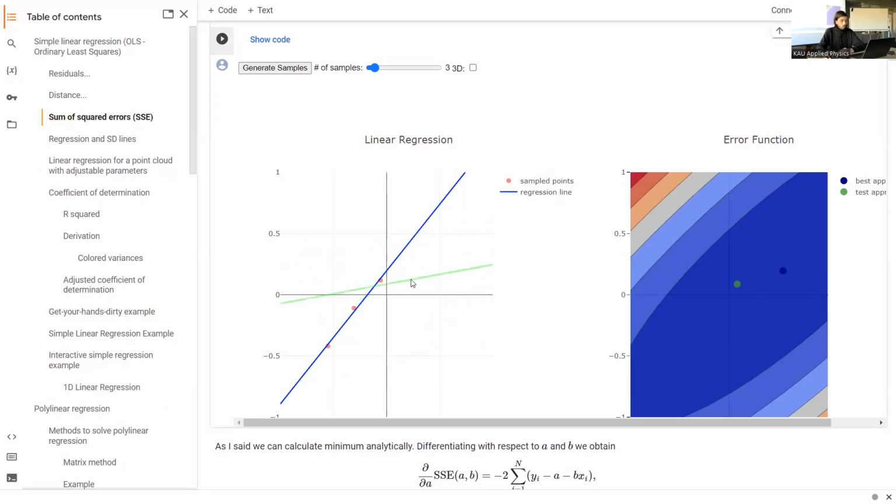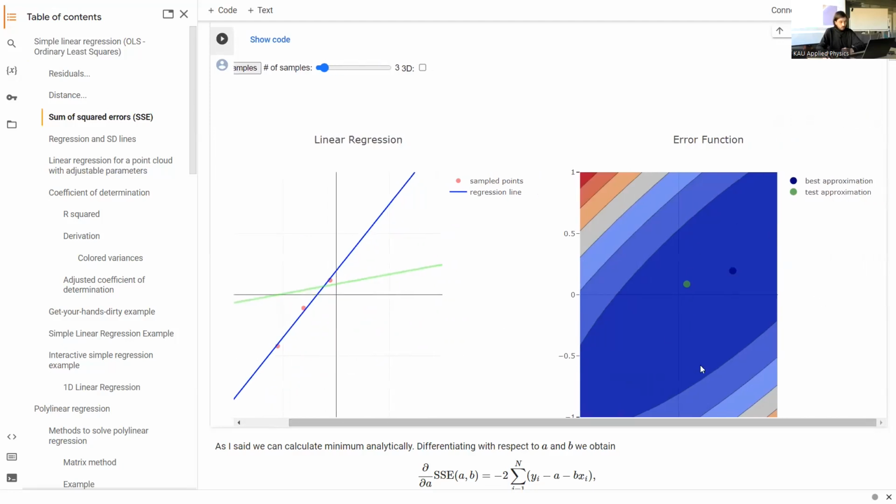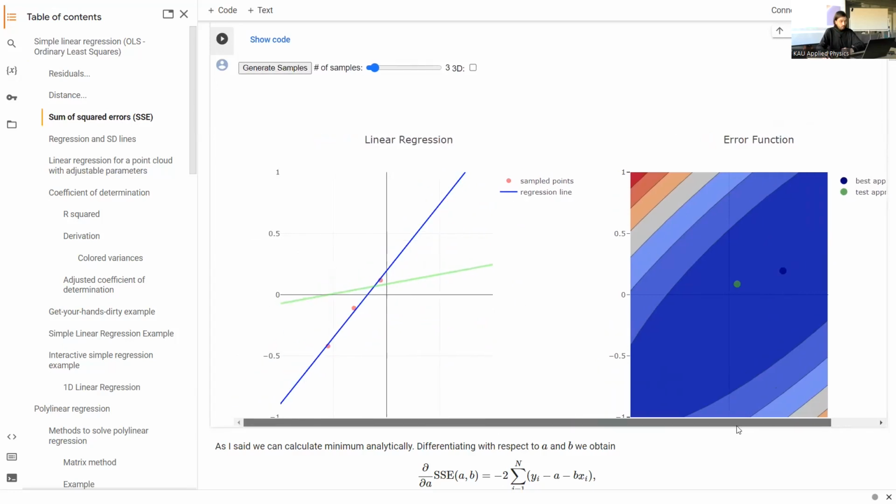And what I want you to see, please pay attention to the plot on the right. Here you see our, let's call it, error function. So our error function is basically calculating that SSE, and you might see these points here. The green point corresponds to this green line.